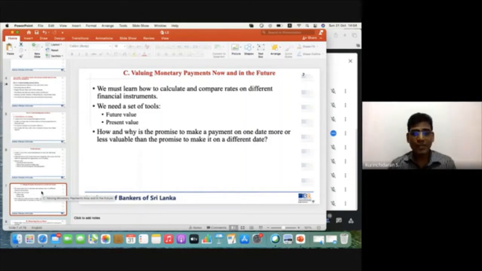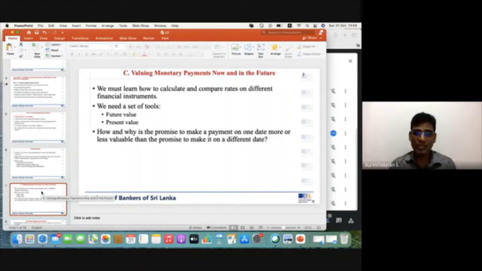We should be able to value those monetary payments now and in the future. And also when you make decisions, you should be able to understand how and why a promise to make a payment on one day is more or less valuable than a promise to make it on a different date, right? So when you talk about lending, today's payment or maybe 2 days later, what's the difference? What is the value of these two payments?